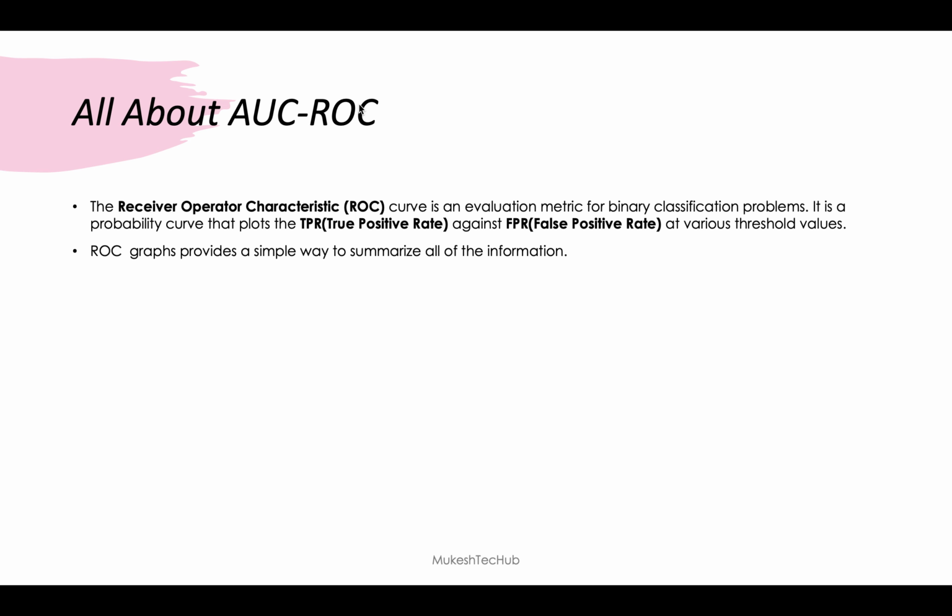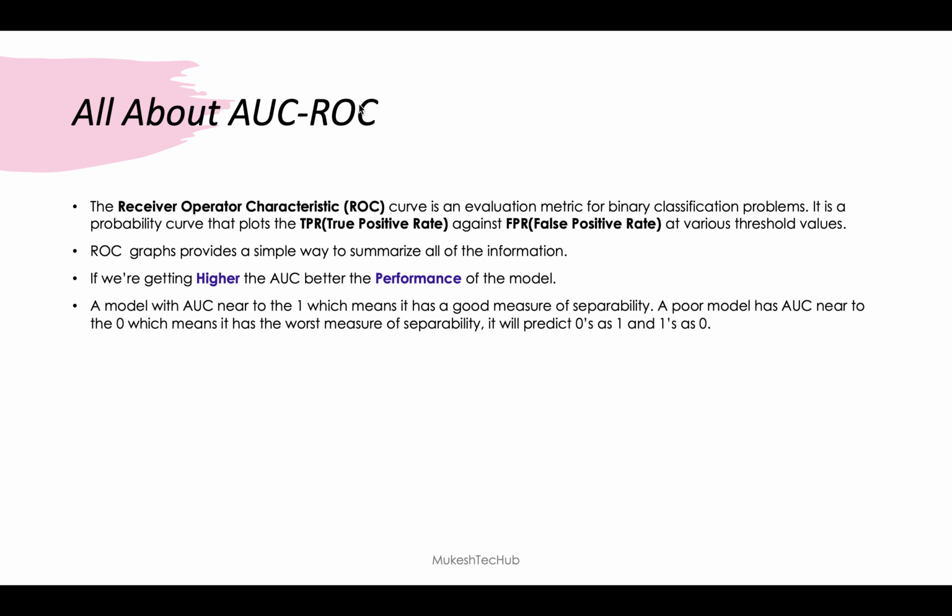The ROC graph provides a simple way to summarize all the information, and if we are getting a higher AUC, then we can say the model is performing very well. A model with AUC near 1 has a good measure of separability.